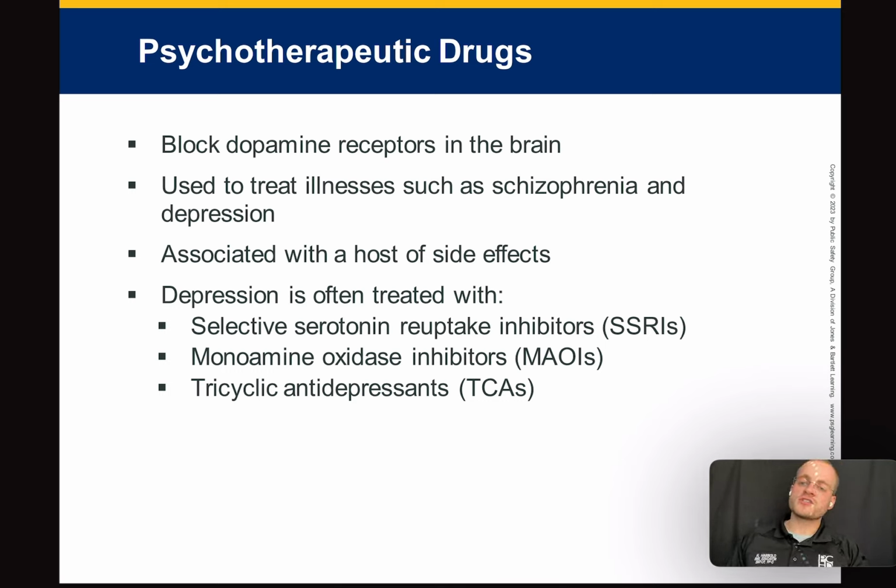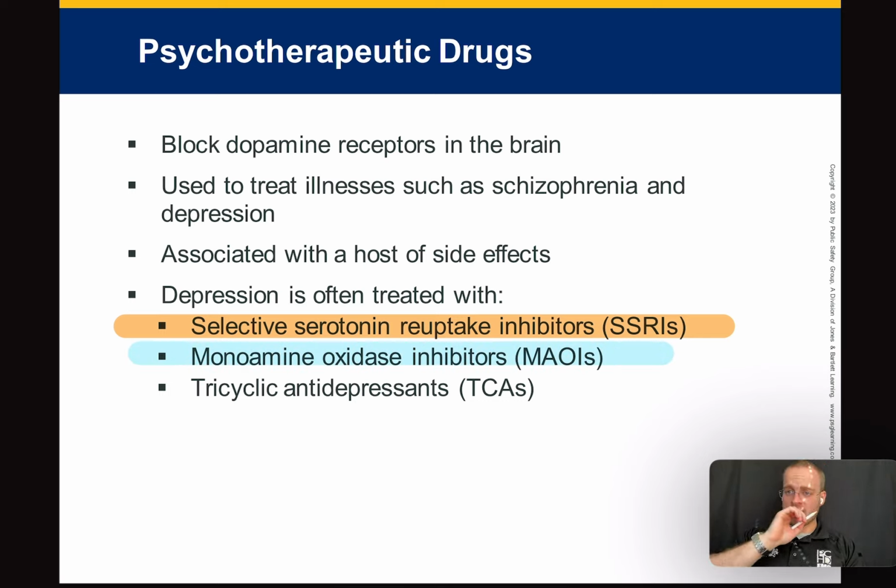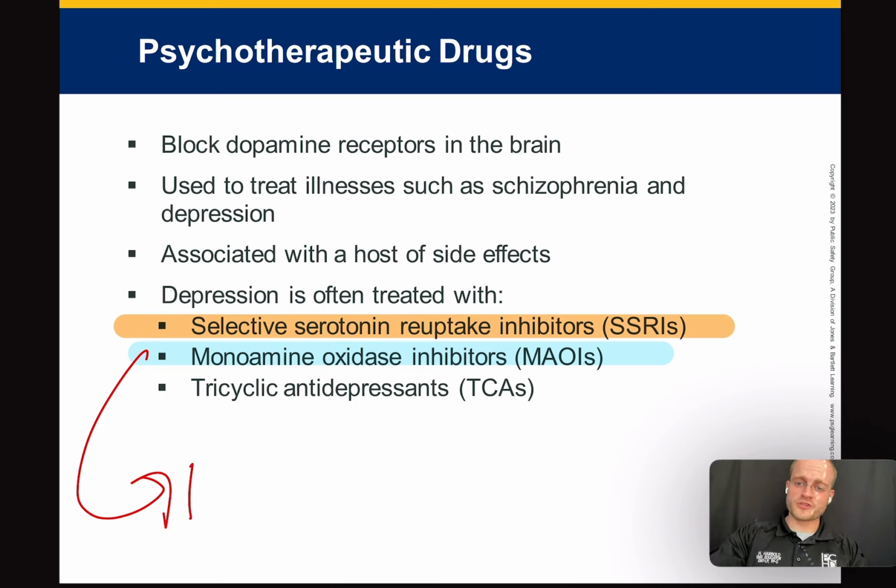So we have drugs like SSRIs, right? This is a selective serotonin reuptake inhibitor. This is used a lot in depression. You don't memorize these guys, but a monoamine oxidase inhibitor is used to treat Parkinson's disease. So this would increase the amount of dopamine in the brain. Okay. Tricyclic antidepressants.